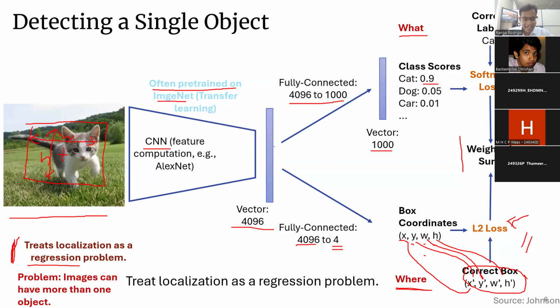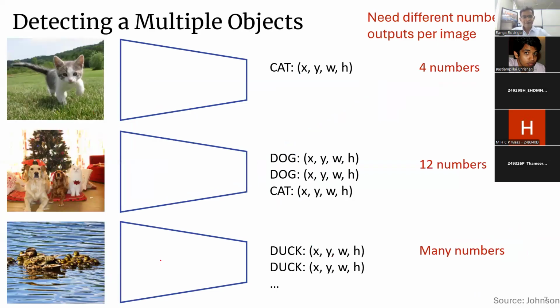The problem that we have though is images can have more than one object. So how can we handle that? For an image like this where there's only one cat, the output will be of this size, 4 numbers in the where branch.